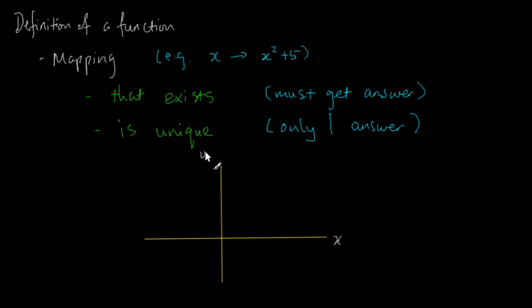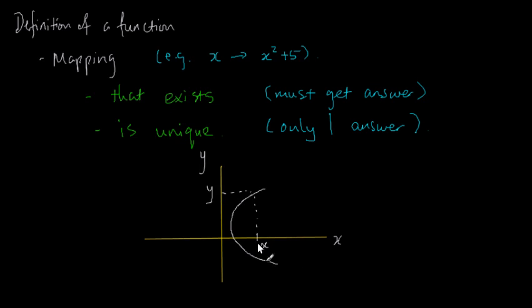Okay, x and y again. Now this time let me sketch a graph like this. Let's say this is my mapping. It's a mapping in the sense that if I have an x here, then this graph gives me a value of y.